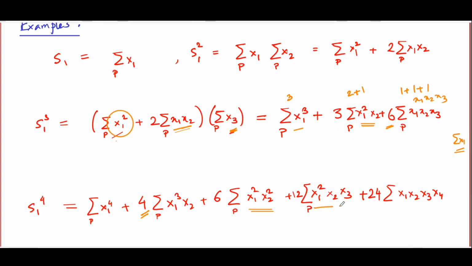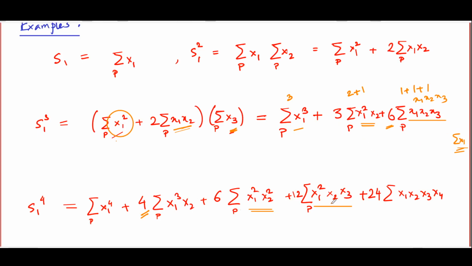Now let's look at x1 square, x2, x3. How do we get that? We can get that by, of course, starting from x1, x2, x3 here and multiplying it by x1. Coefficient of 6. This 6 times this 1. But that's not the only way. You can get it by multiplying x1 square, x2 here by an x3. So that gives me an additional factor of 3.